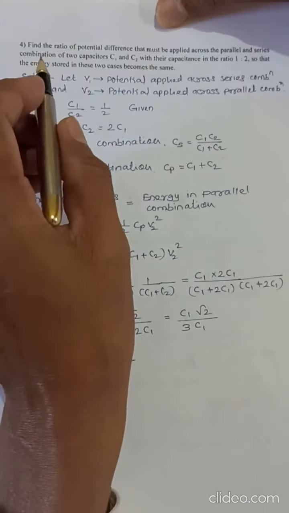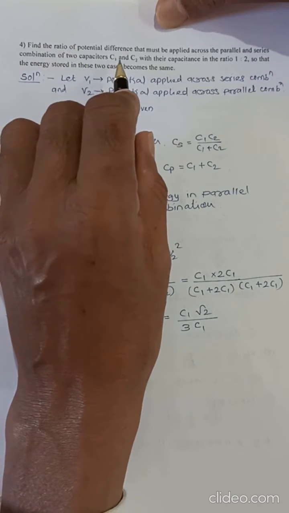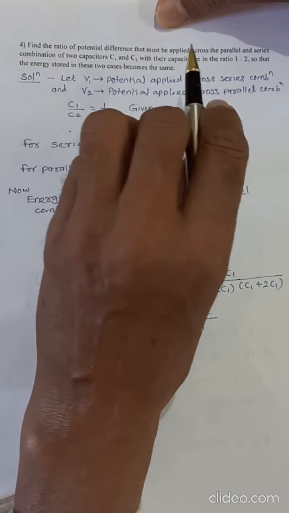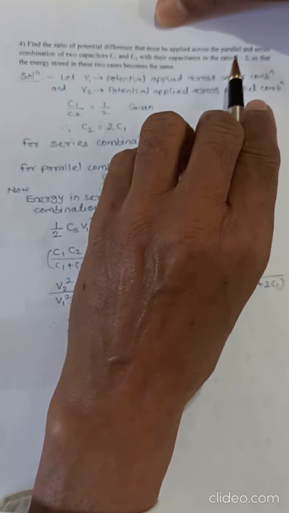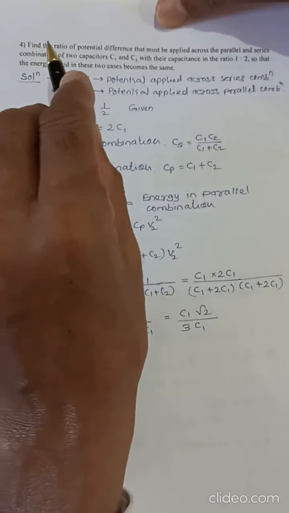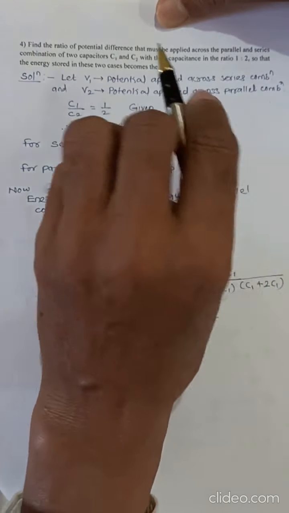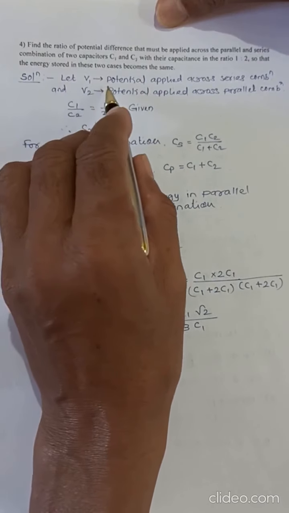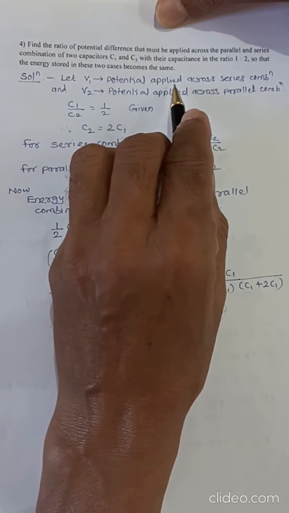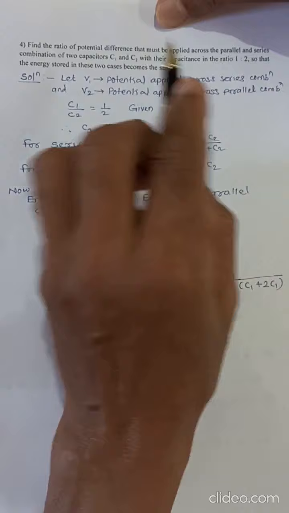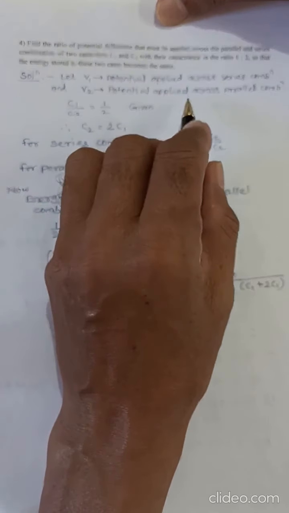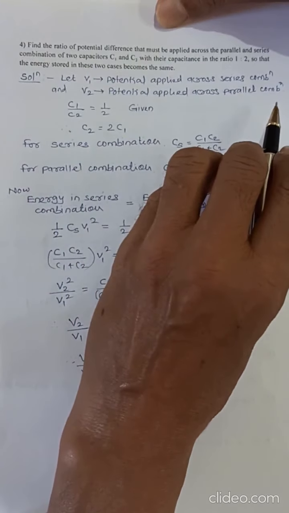So here two capacitors C1 and C2 are connected in parallel and also in series combination. Let V1 be the potential applied across the series combination and V2 the potential applied across the parallel combination.